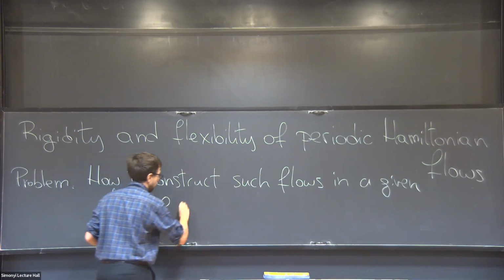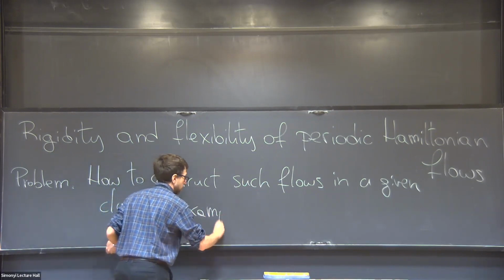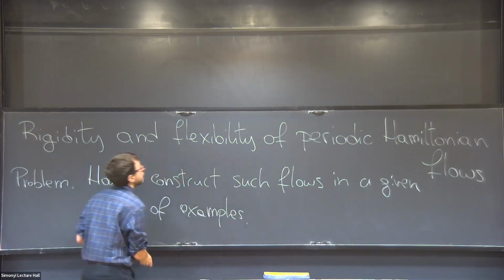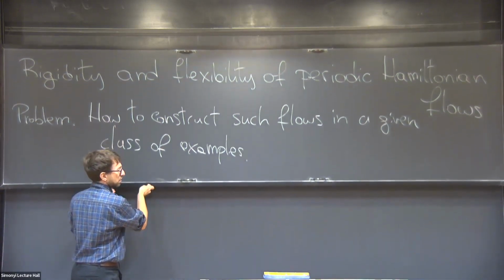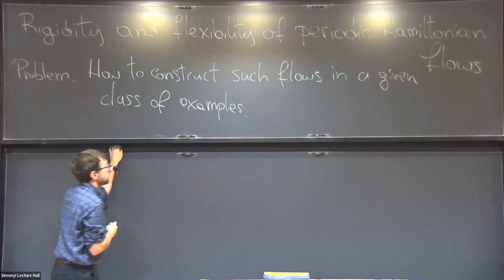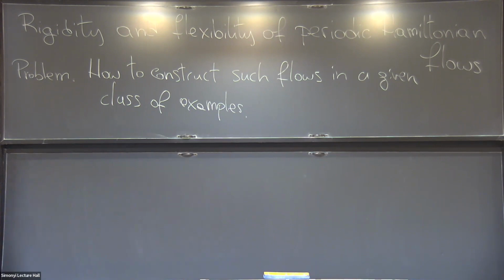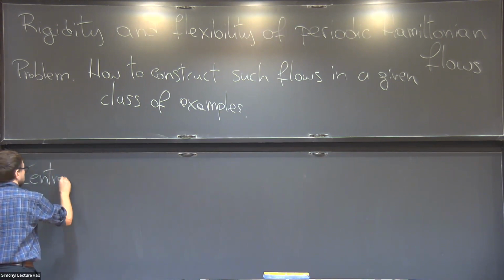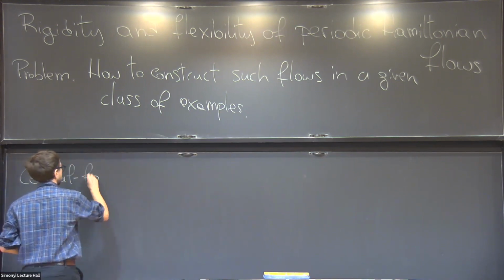Let me say immediately what kind of examples we want to consider. The first one is the one coming from the 19th century in the work of Bertrand. These are the central force potentials.